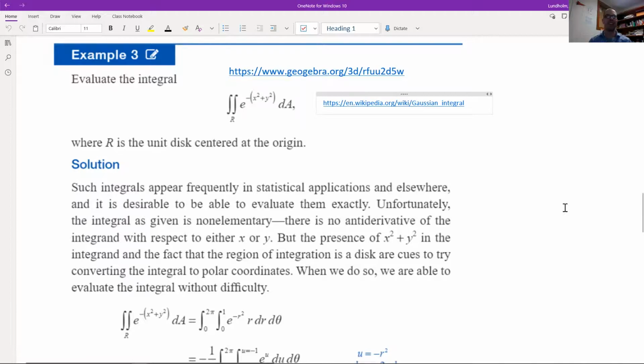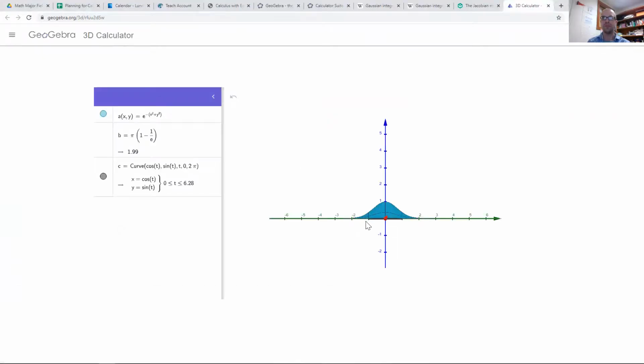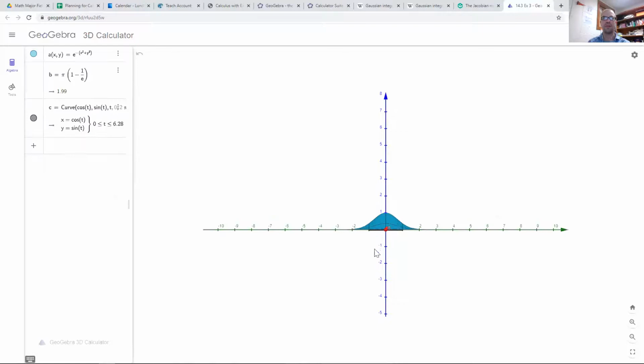Example number 3, evaluate this integral. And again, we're going to take this one a little bit easy. Let's think about what we're looking at here. We are evaluating this integral over a region R, where R is the unit disk centered at the origin. So picturing what we're doing here, I have it oriented this way suggestively.